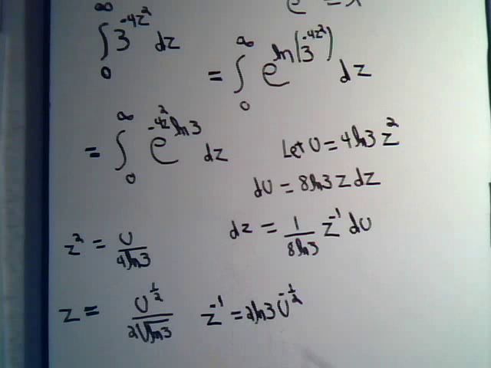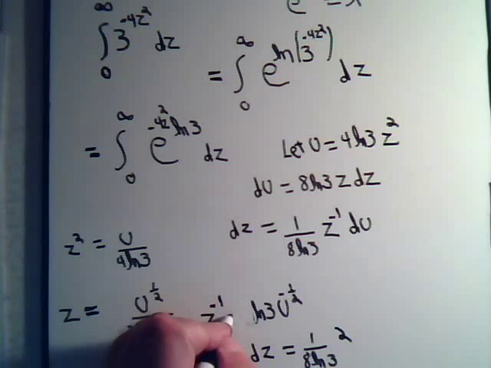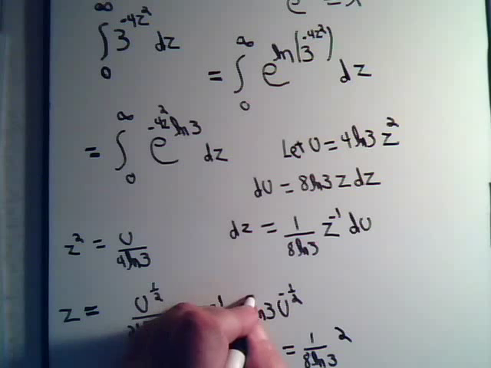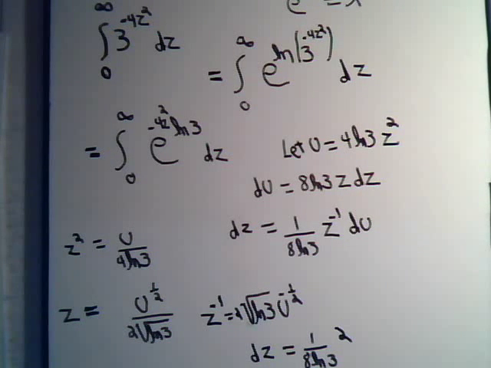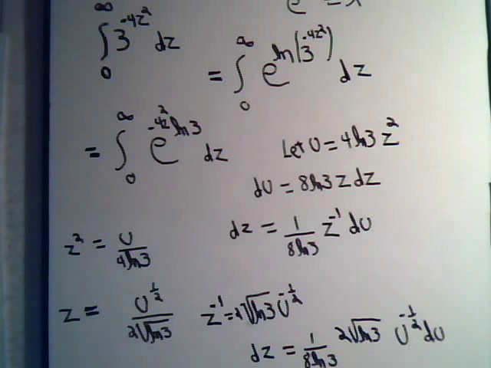So let's go over here then. We're going to have dz equal this times z to the -1, and this actually should be 2 times the square root of the natural log of 3. Okay, so then we're going to have 2 times the square root of the natural log of 3 times u to the -1/2 du.